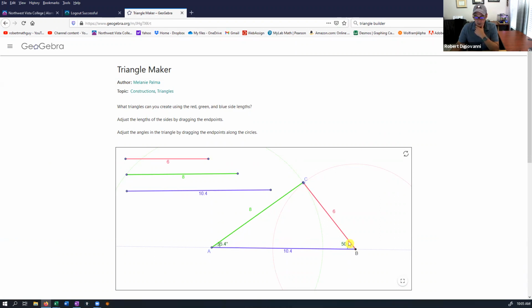Now, this angle right here, do you see this angle right here, 49.9? We found that using the inverse sine, right? Isn't that what we did? Yes. So if I had to highlight again, I'm going to highlight this for you so that you can see it here. This side right here was given to us. This side was given to us.